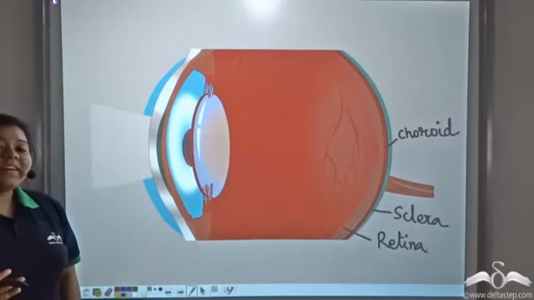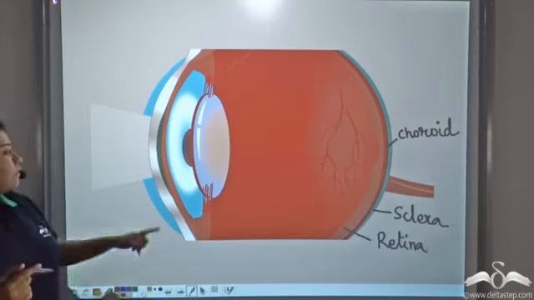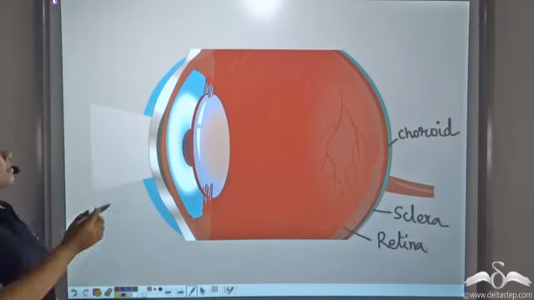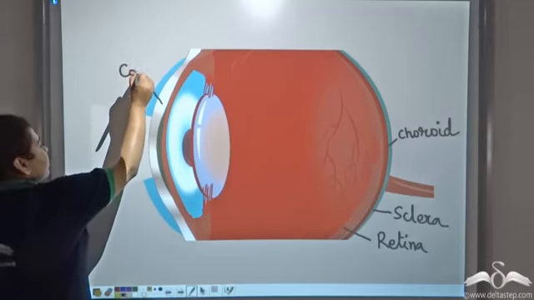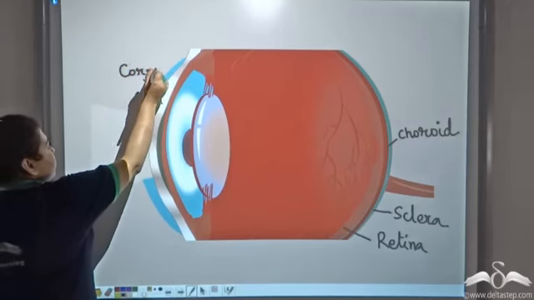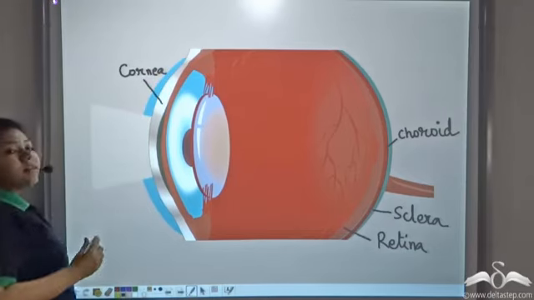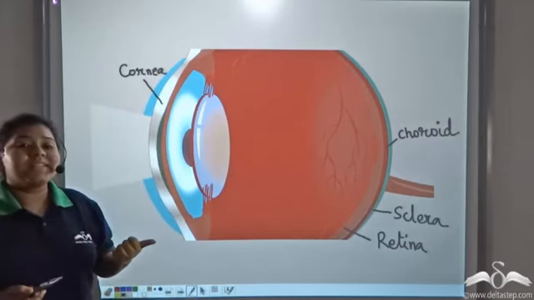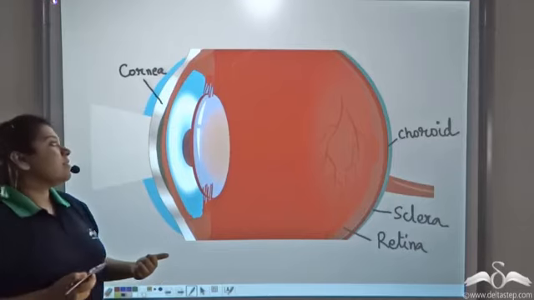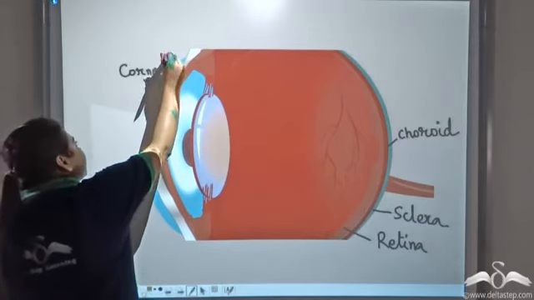Now, sclera in front of the eye forms the cornea. Cornea is protected by an outer covering known as the conjunctiva. So this is the conjunctiva.